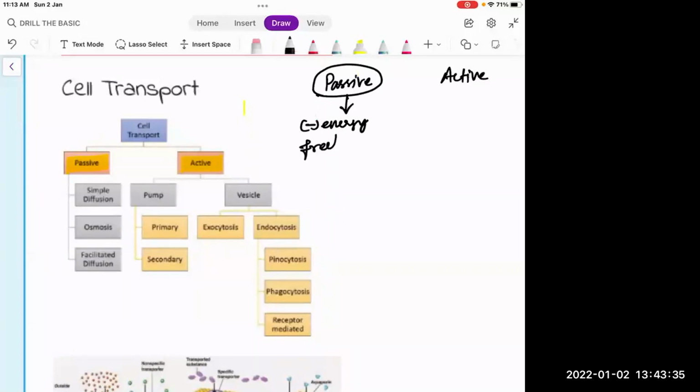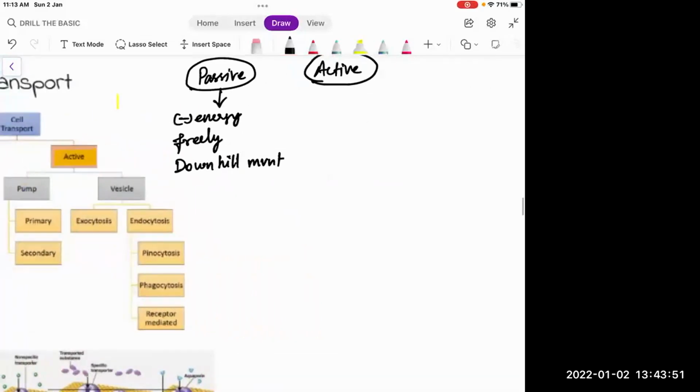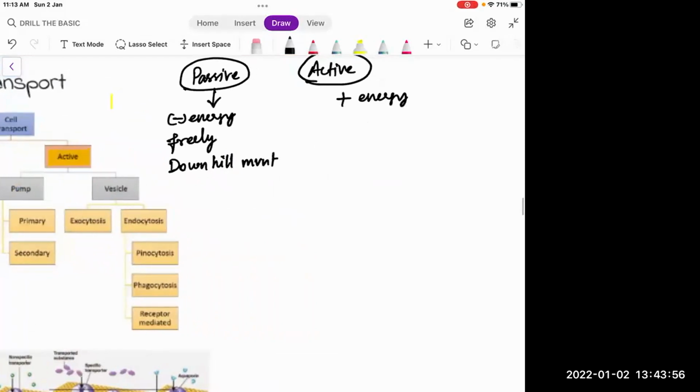It passes freely and there is no need for energy, so you also term it downhill movement. Whereas active transport, active means it requires energy. It will not move freely because it needs channels or pumps. And since it requires energy, it is called uphill movement.